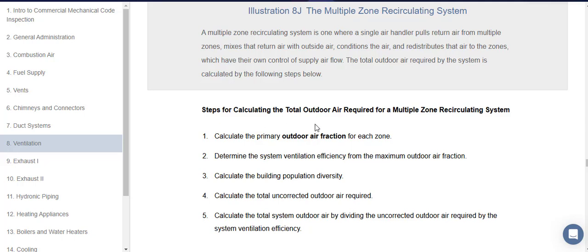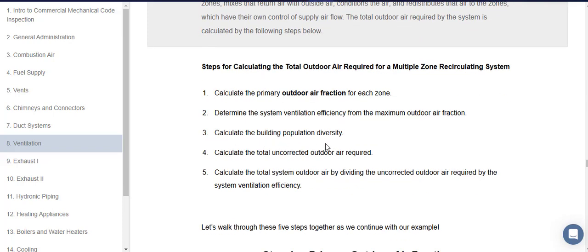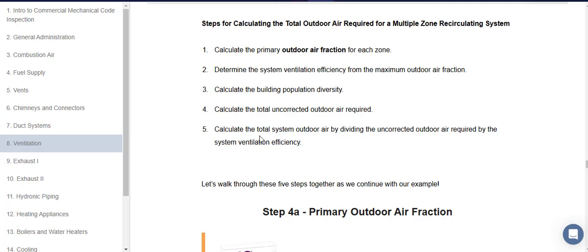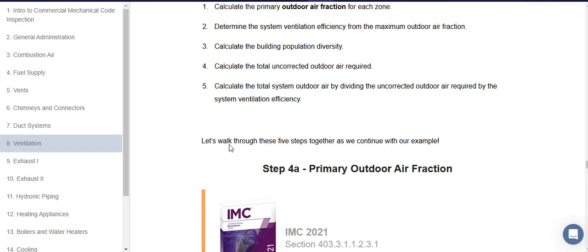Number 1, calculate the primary outdoor air fraction for each zone. Number 2, determine the system ventilation efficiency for the maximum outdoor air fraction. Number 3, calculate the building population diversity. Number 4, calculate the total uncorrected outdoor air required. Number 5, calculate the total system outdoor air by dividing the uncorrected outdoor air required by the system ventilation efficiency.